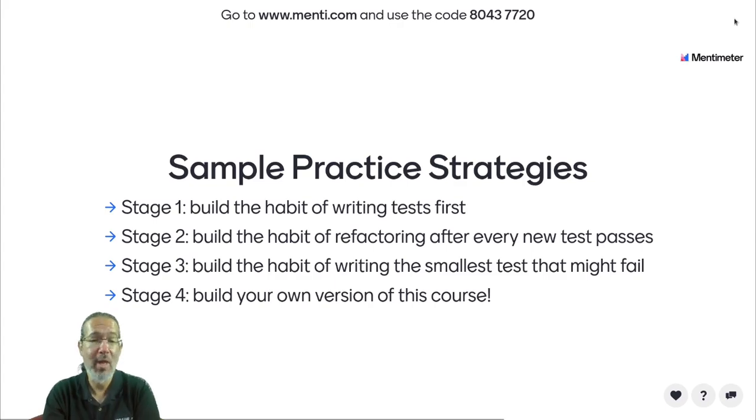And if you're in stage 4, then you should build your own version of this course. I don't mean compete with me. Don't do that. But maybe you want to build a version of this course that focuses on what your coworkers are concerned about. When I'm building a course for a mass audience, I can't focus in on the context of, say, highly distributed real-time systems or medical devices or financial technology.